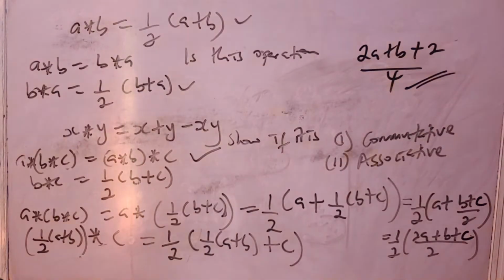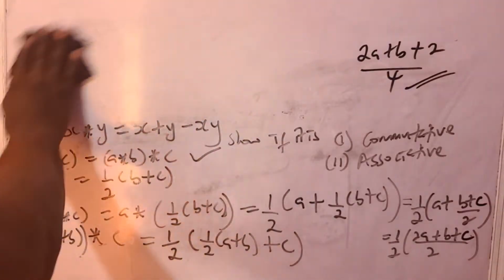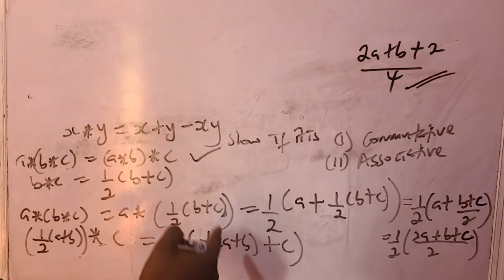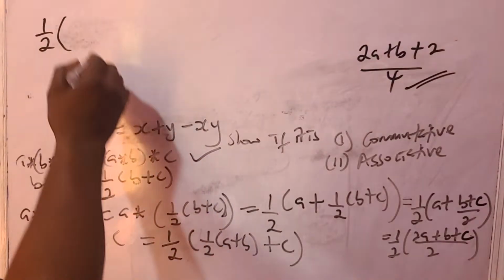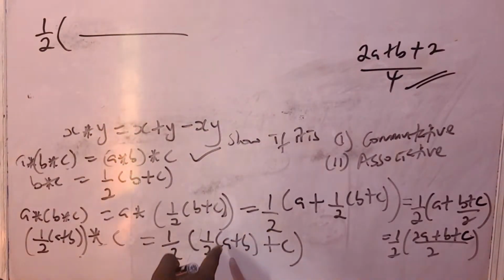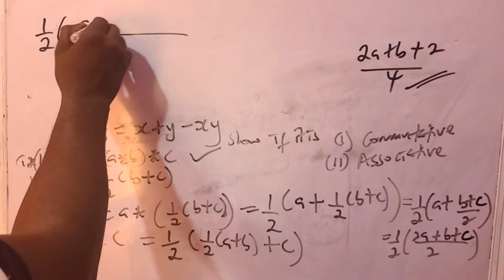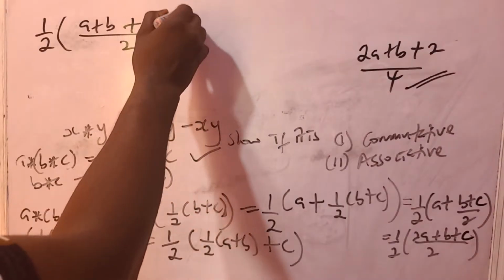Let's try now to find the right hand side. For the right hand side, you have to be very careful. Do the same thing. We have 1 over 2. The LCM now, of course, this is (a plus b) over 2, so that will be a plus b. Of course, 2 will be the LCM plus 2c.